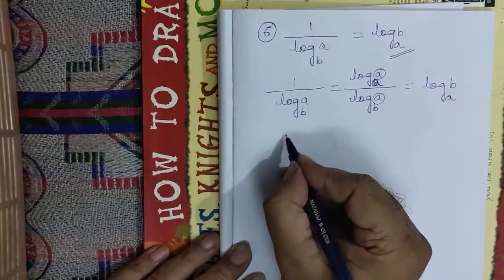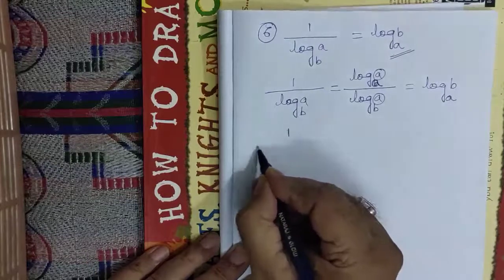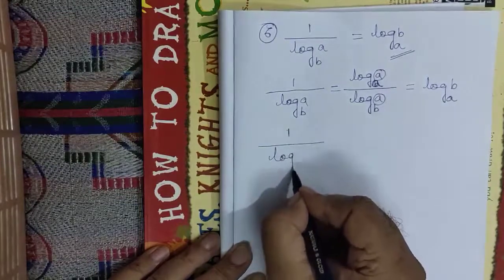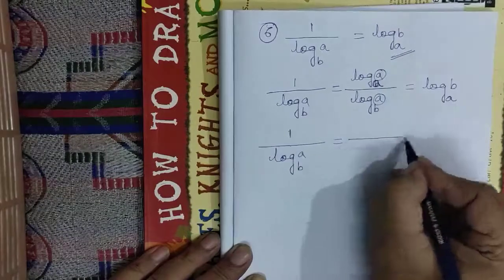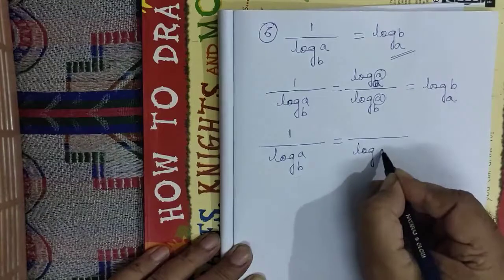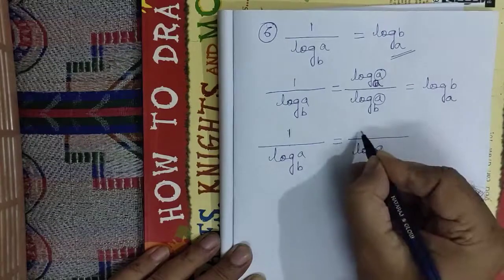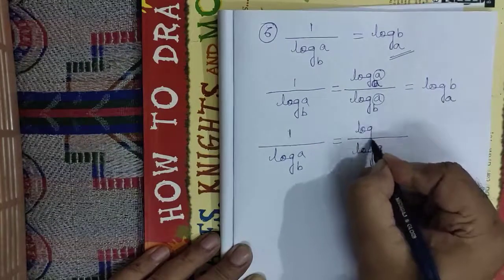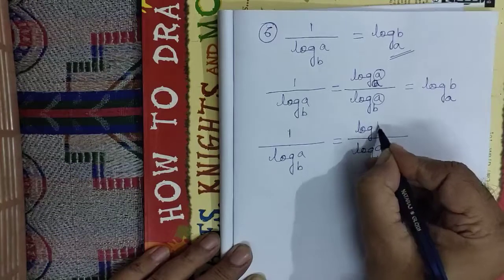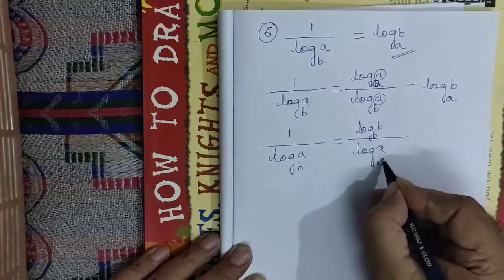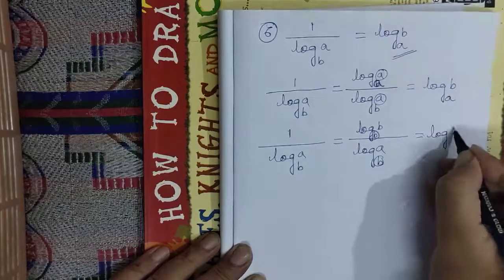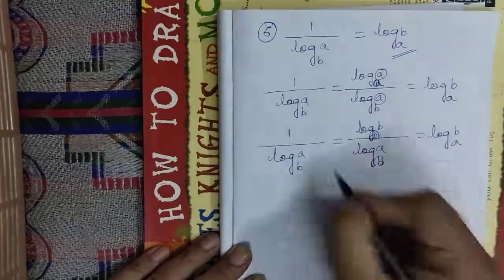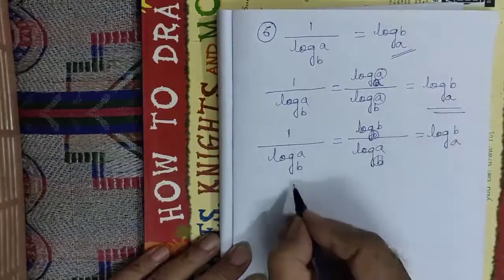Otherwise also you can do, for example, 1 divided by log a base b. In the numerator, instead of log a base a, I could have taken log b base b. Now the base is same, so it has to be equal to log b base a. Either way you do it, you get the same result.